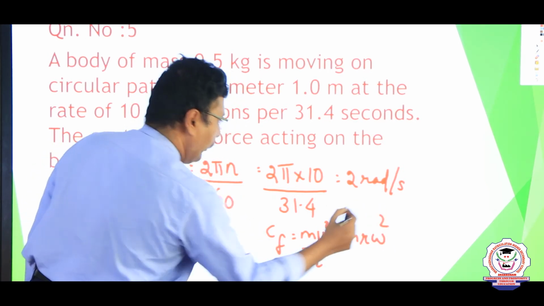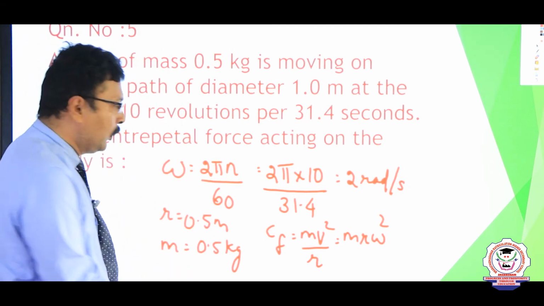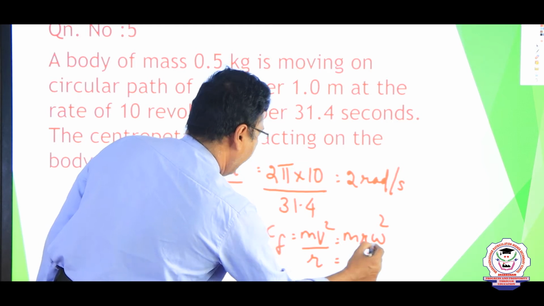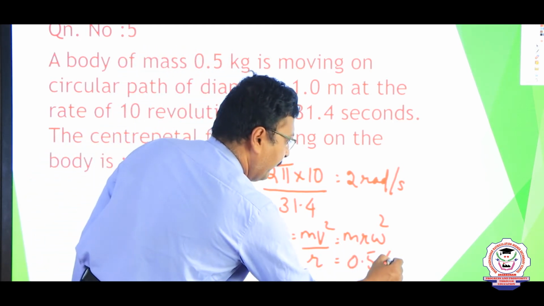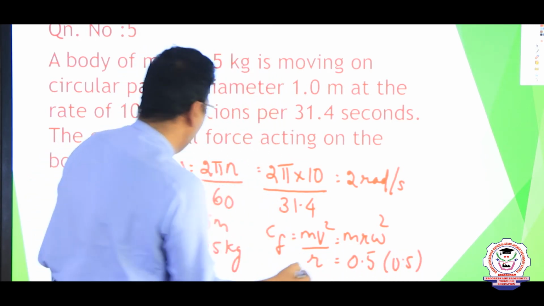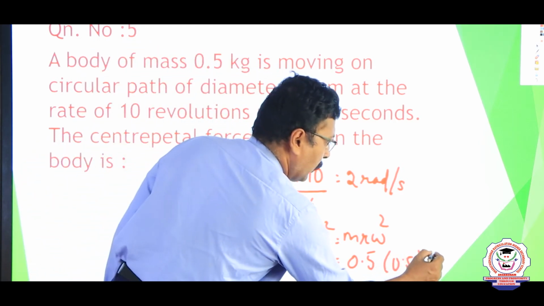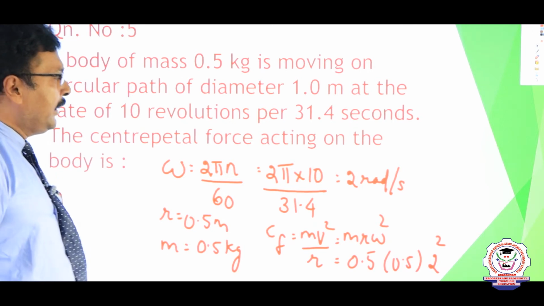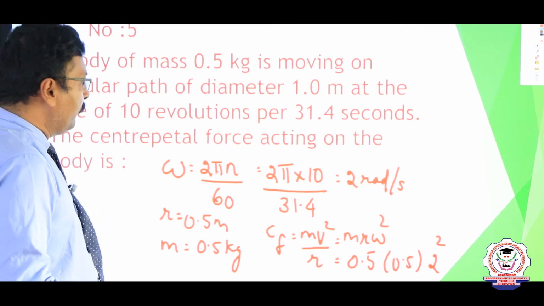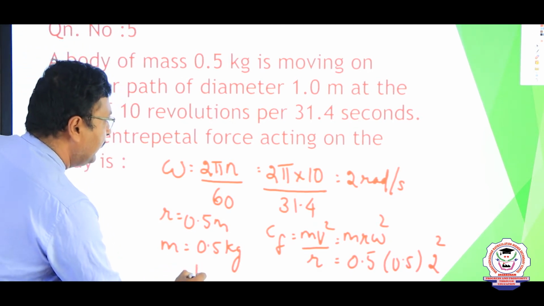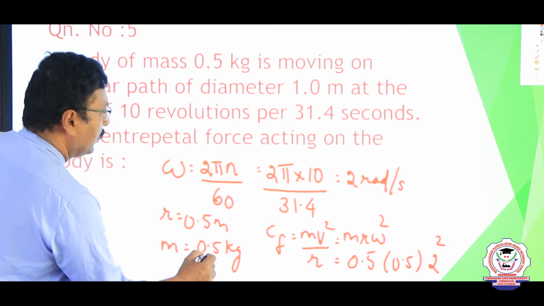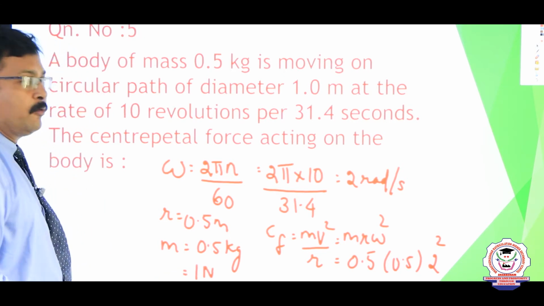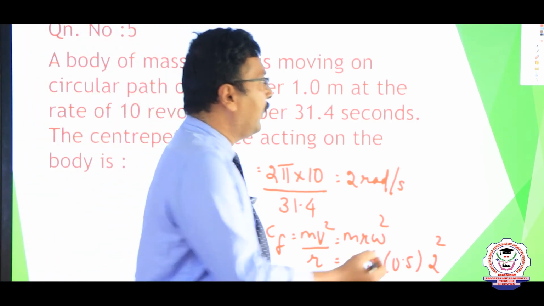I know m is 0.5, r is also 0.5, and omega is 2, so omega square is 4. So 0.5 into 0.5 is 0.25, and 0.25 into 4 is equal to 1 Newton. So centripetal force is 1 Newton. This is how you have to answer the problem.